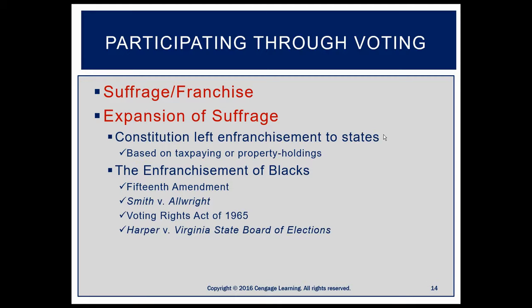Now, as time moved on from the beginning of our country to the early 1800s, it eventually was expanded in most states to include all white men. The next big step was enfranchisement of black people. The 13th Amendment ended slavery, the 14th Amendment made former slaves into citizens, and the 15th Amendment gave them the right to vote.